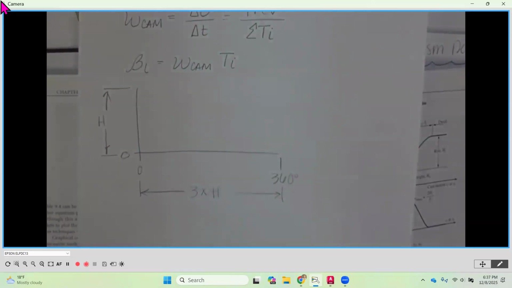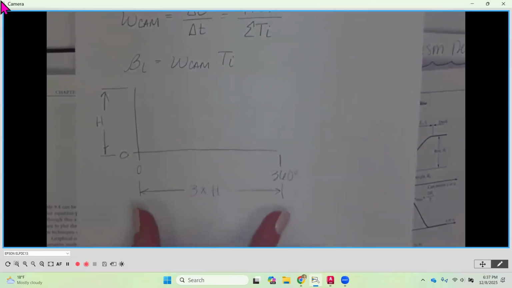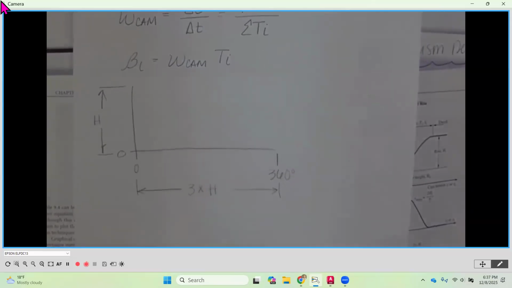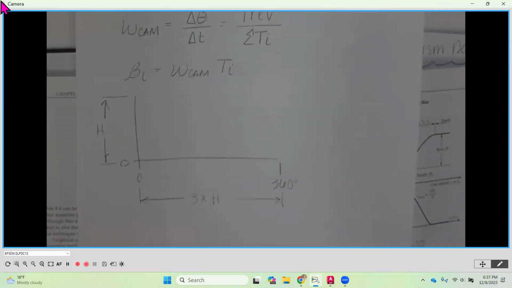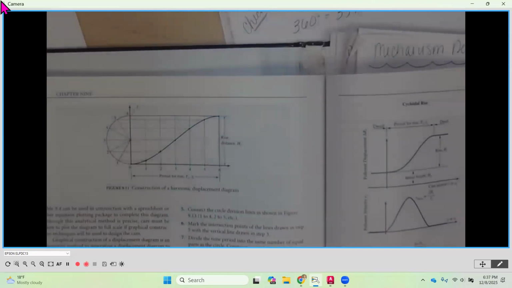So proportions wise, about 3 times the height for the full length of the displacement diagram seems to work pretty decent. Okay. All right. And we'll use that in the example that we're going to be doing next. So that's harmonic motion. We'll look more closely at that in our example.